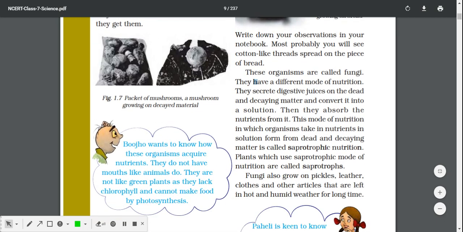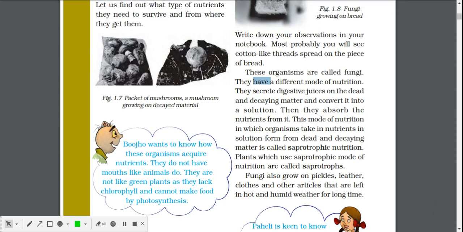These organisms are called fungi. They have a different mode of nutrition. They secrete digestive juices on the bread and decaying matter and convert it into a solution. Then they absorb the nutrients from it. तो जो solution बना digestive juices के साथ mix हो करके, then nutrients को उसमें से absorb किया.